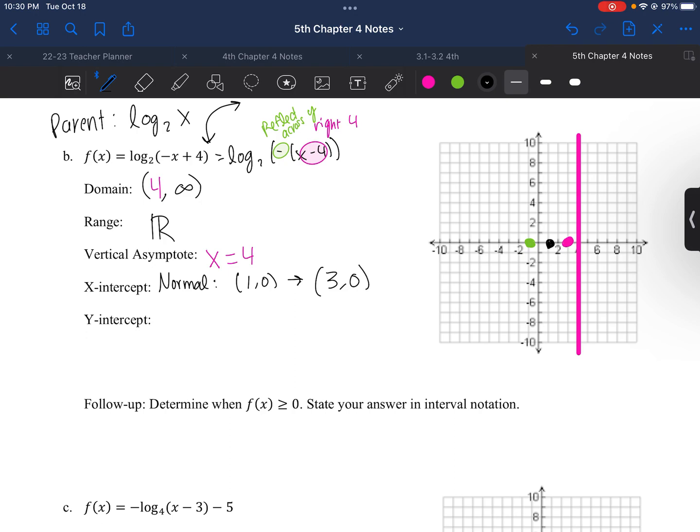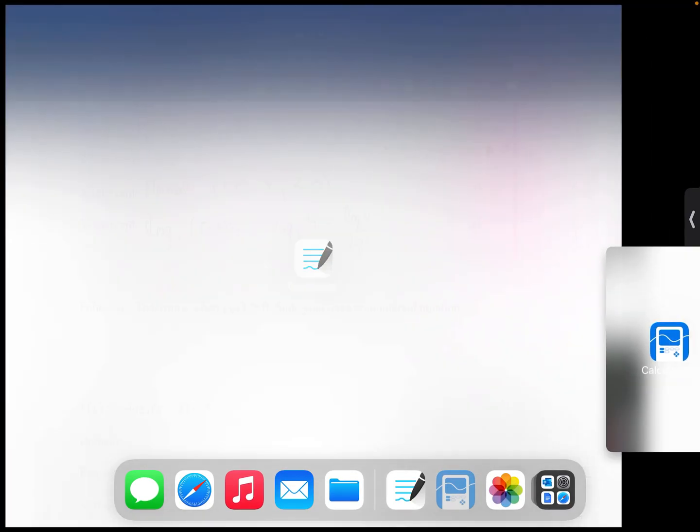Now, our y-intercept is a little trickier. We don't necessarily know what that was going to be. So we do still need to come in and plug 0 in for x and go ahead and solve it. So this is log base 2 of 4, which is equivalent to log of 4 divided by the log of 2. So we'll go ahead and get our calculator back here.